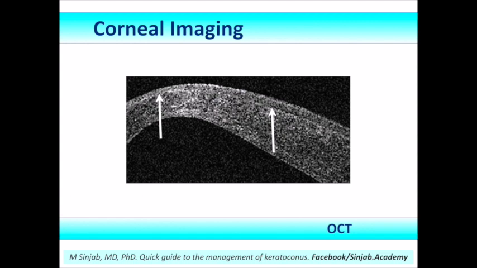As we see here in this picture, we can see the focal thinning of the epithelium over the apex of the cone, and we can see the focal thickening of the epithelium over the flat area of the cornea. By the epithelial mapping, we can detect very early cases of keratoconus even before focal thinning in full thickness pachymetry.